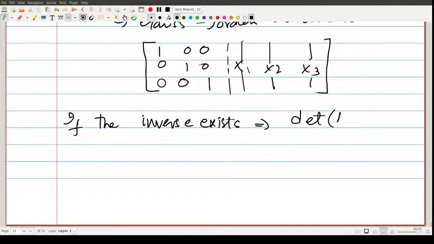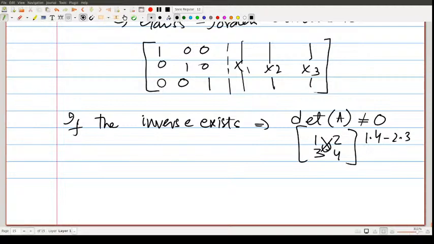For 2 by 2 matrices you must have done that the determinant is simply these 2 entries multiplied minus these 2 entries, so 1 times 4 minus 2 times 3. So I know that 4 minus 6 is minus 2. This is of course not 0. That means A inverse exists, right? That's another way of telling whether the inverse exists.